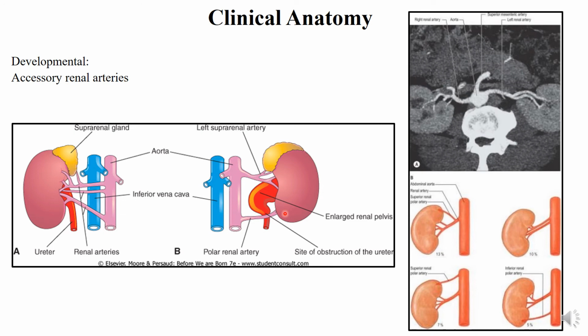The common type of accessory renal arteries are the polar arteries, and they are called polar because they are related to the poles of the kidney. And these accessory arteries vary in terms of location and in terms of numbers. And sometimes they might be associated with the obstruction of the ureter, especially with the inferior renal artery.